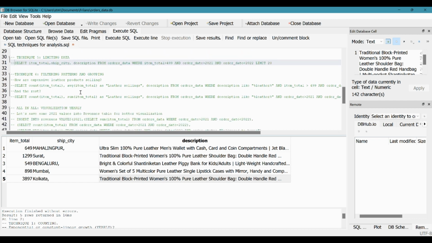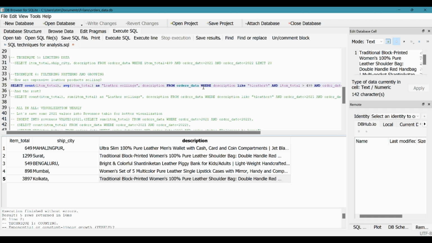Next technique is to filter patterns and grouping. We did see before that there were many leather products selling. What I can do is, if I have this hunch that the leather is selling good now, I want to know which products are selling, and if it's expensive sellings or if it's just cheap ones.